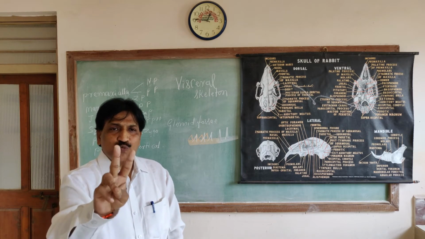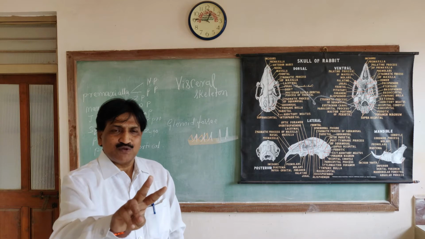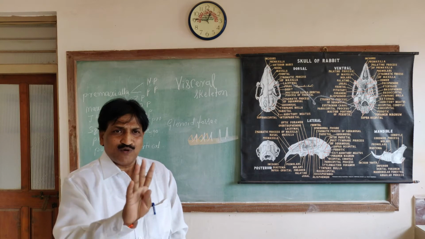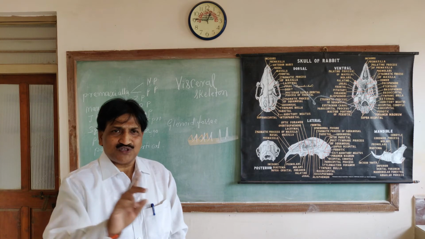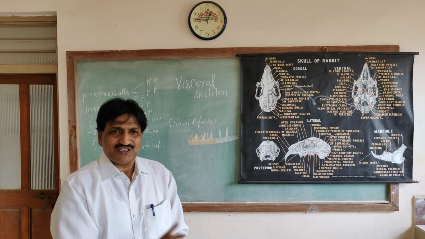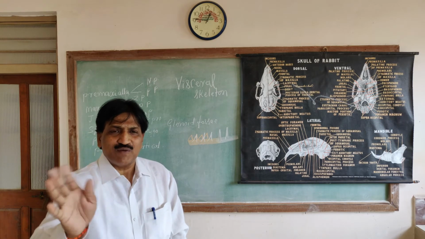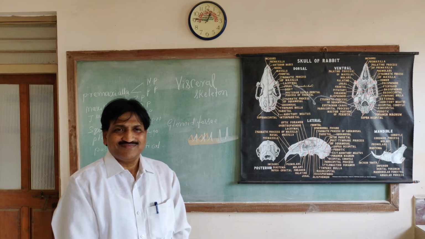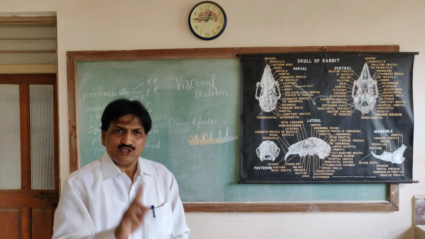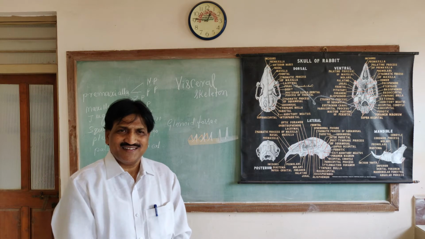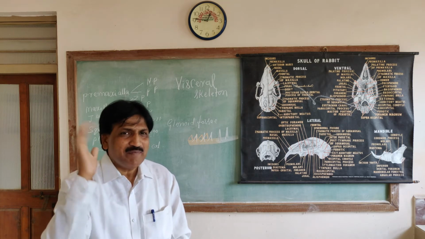So the premaxilla produces two processes: nasal process and palatine process. The maxilla produces three processes: zygomatic process, palatine process, and maxillary process. No process from the jugal bone. Whereas the squamosal produces two processes: the zygomatic process and the tympanic process.